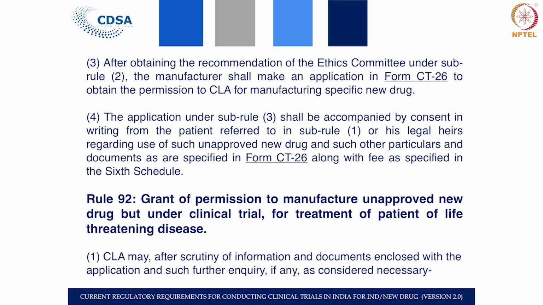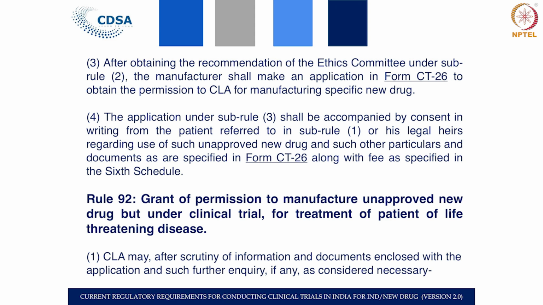So, when the manufacturer intends to manufacture this drug, they have to obtain a written consent from the patient to whom the unapproved new drug has been prescribed, and also make an application to the ethics committee of the hospital. So, it all depends on these 3 permissions.